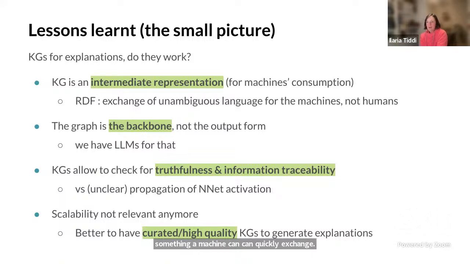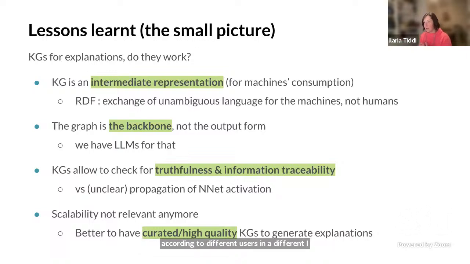We can use knowledge graphs to gather content to generate explanations, but really the graph structure is just the backbone. We don't want to use the knowledge graph to create an output; we can use language models for that. But we can use the knowledge graph to gather the backbone of the explanation, which can then be output according to different users in a different dimension.